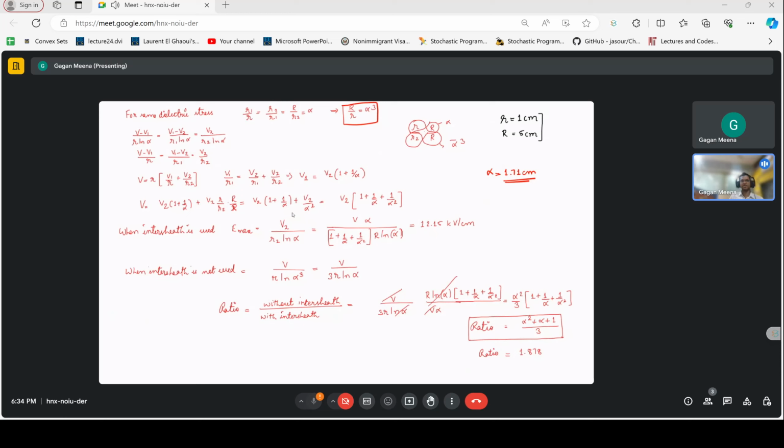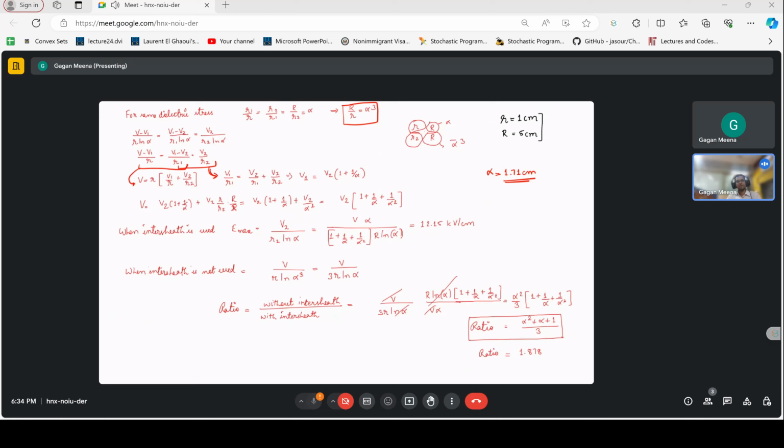Multiplying by R1, V1 equals V2 plus (R1 by R2) into V2, and R1 by R2 is 1 by alpha, so V1 is V2 into (1 plus 1 by alpha). So V1 is written in terms of V2.